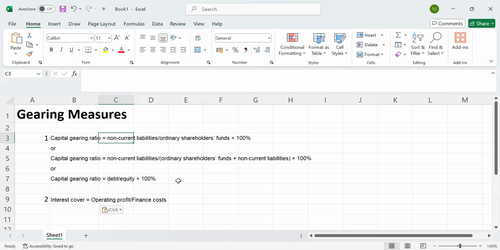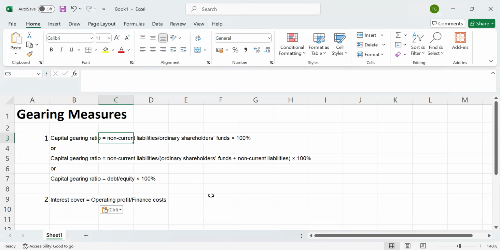Now, moving to the next ratio, which talks about the interest cover. Interest cover basically tells you how many times the company can pay its interest obligations from its profit before any interest and taxes. Operating profit is nothing but your PBIT, profit before interest and tax.